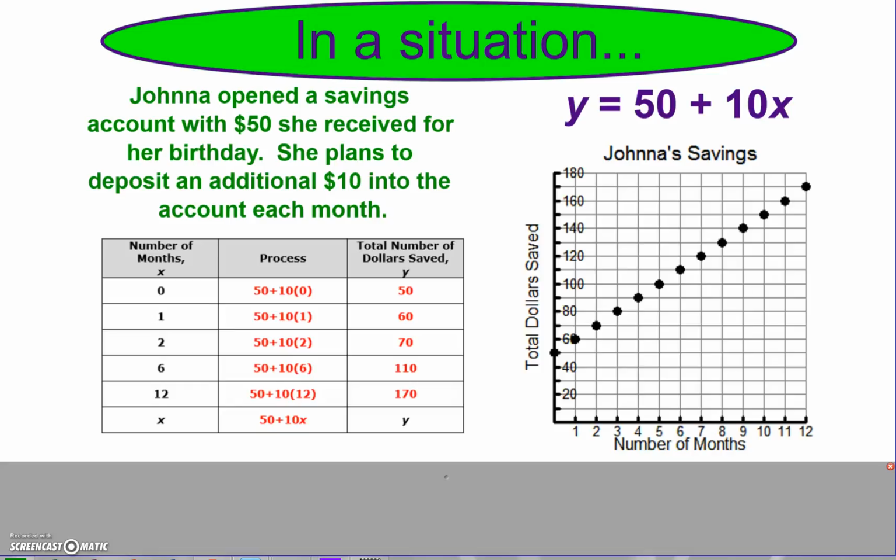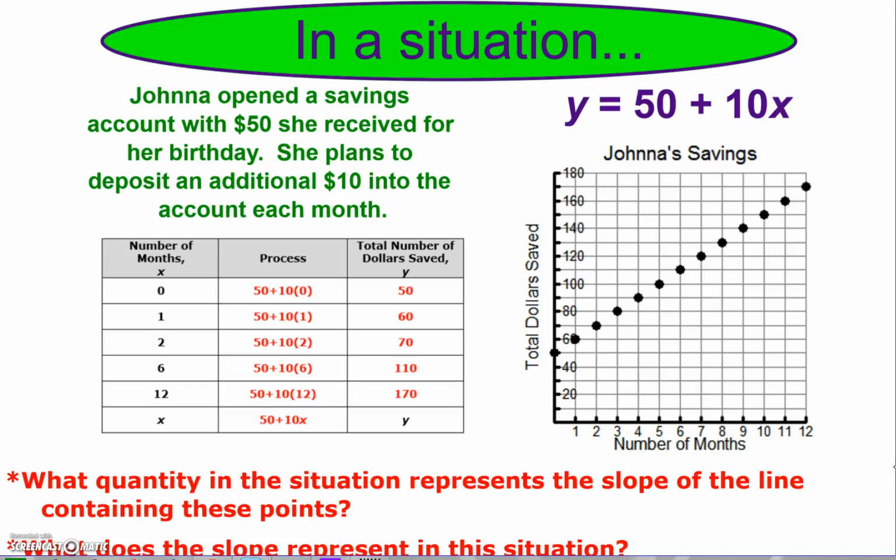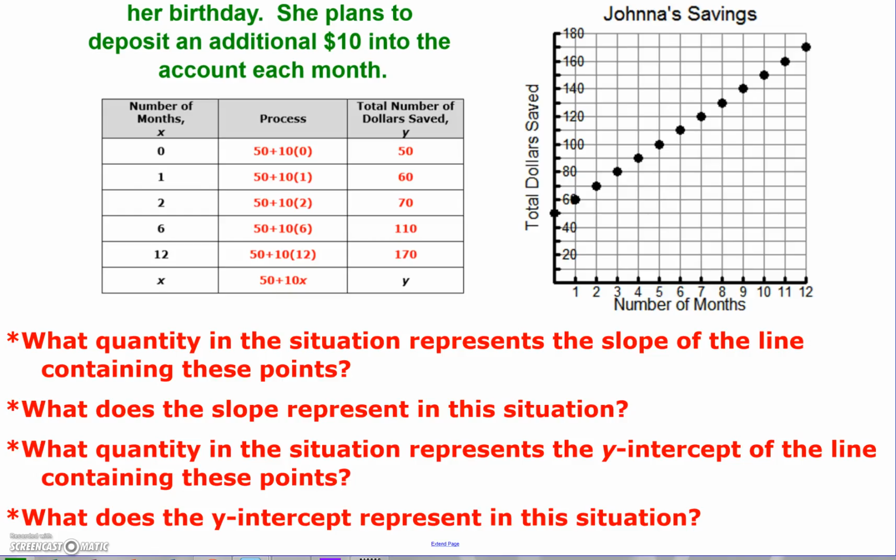Okay? So in the situation, Joanna opened a savings account. We've talked about that. What quantity in the situation represents the slope of the line containing these points? That would be the $10 per month. What does the slope represent in this situation?